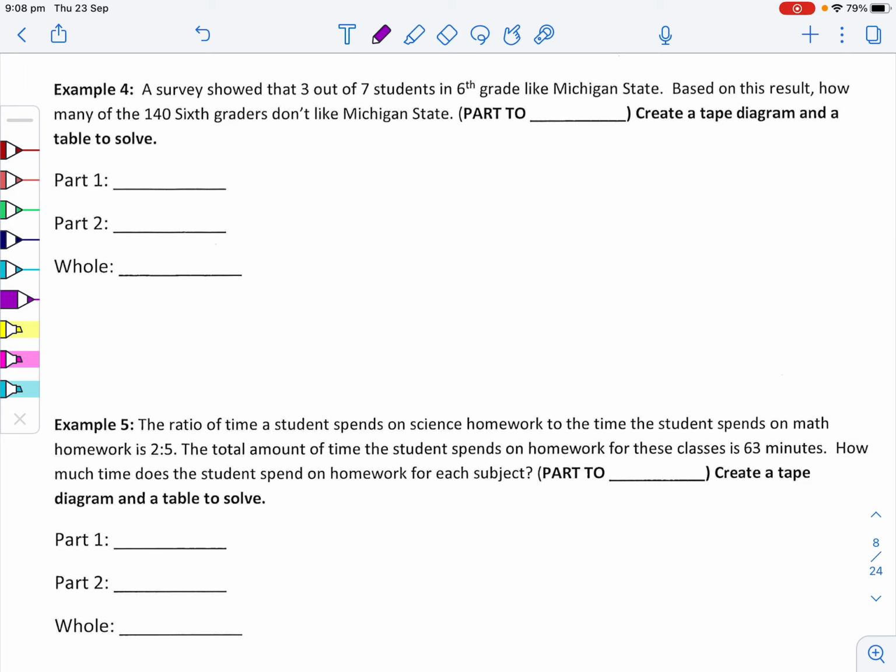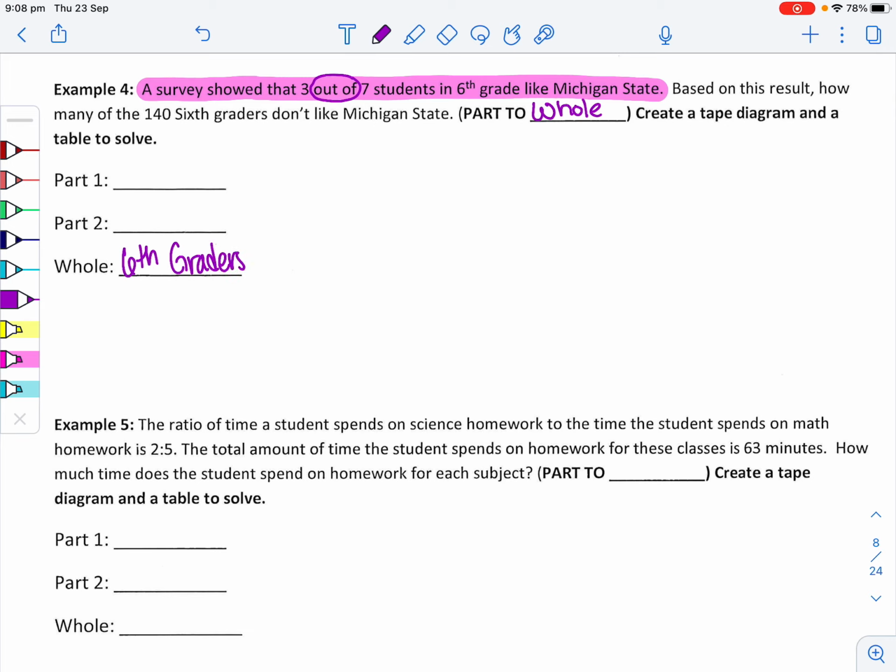Example 4 says a survey showed that 3 out of 7 students in 6th grade like Michigan State. Okay, so this is my ratio right here that I'm going to use to create my tape diagram. This is a part to whole because of this right here. So when I label my parts, my whole is going to be 6th graders.